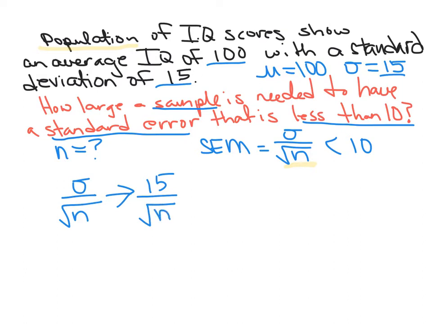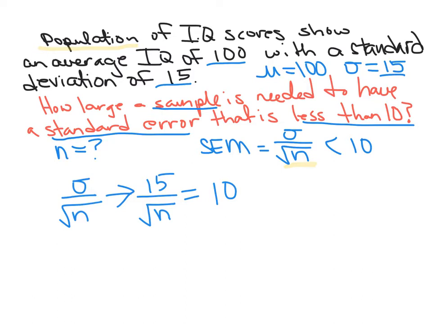We don't know what n is because we want to solve for that, and we're saying that it should be less than 10. Now, I just automatically put this as an equals so that you can just solve for it, and then I'll explain how you would know whether it would be a greater than or less than symbol.